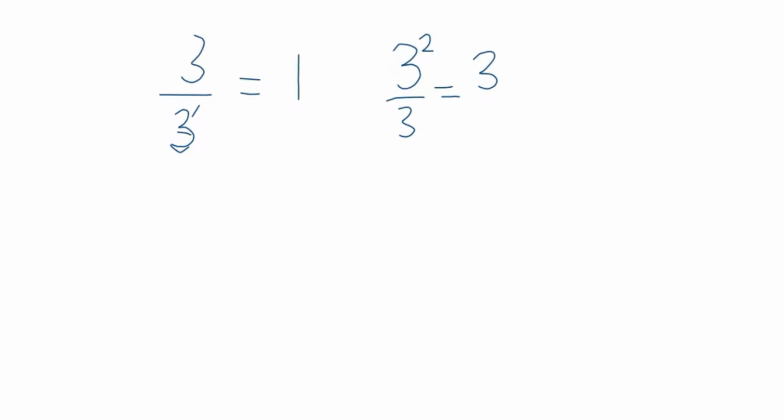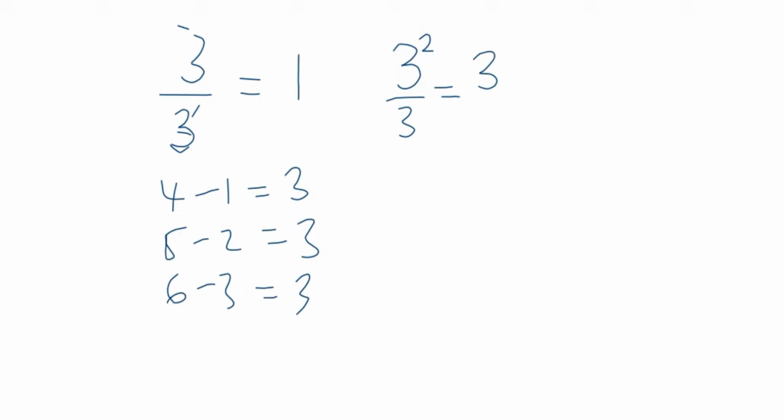Now, we understand that since 3 is a real number, the 3 can be expressed in so many forms. That is 4 minus 1, which is 3; 5 minus 2, which is 3; 6 minus 3, which is 3. And we can continue.